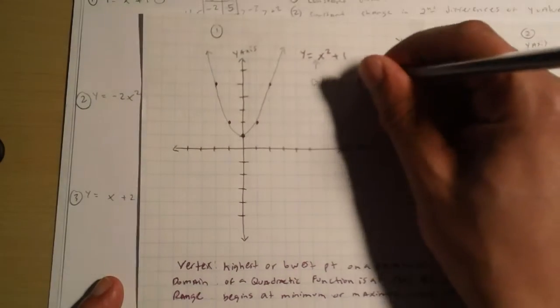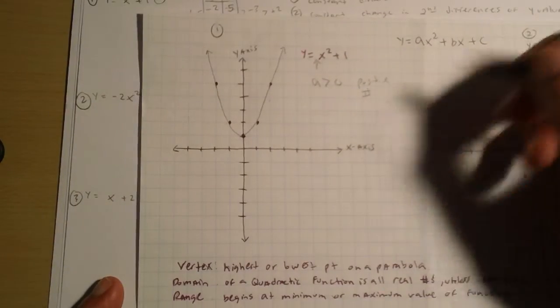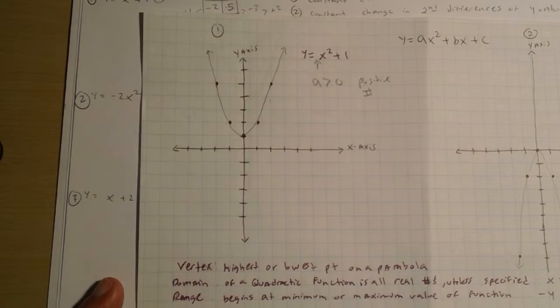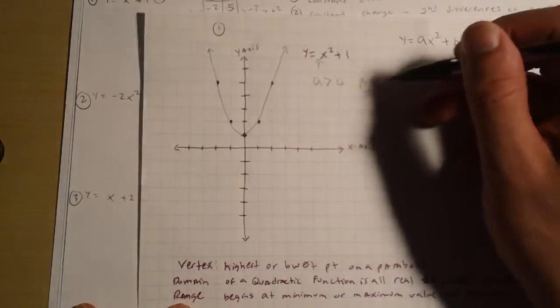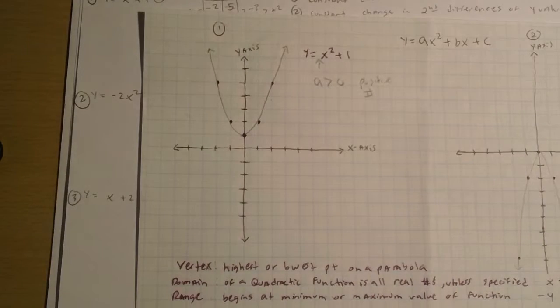So that means it's a positive number. Positive number means it's a positive happy face, and it's just a quick way of remembering whether it opens upward or downward. Whenever it opens upward, think of it as a positive a value or a positive face.